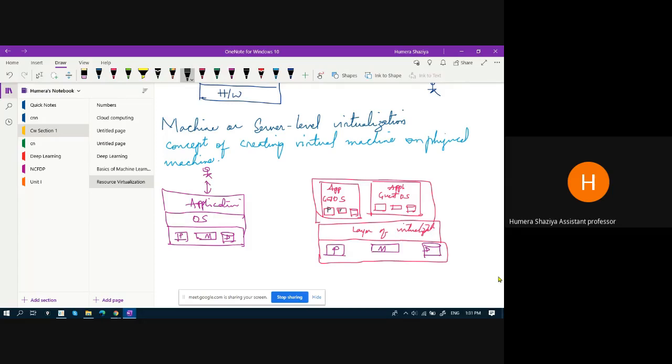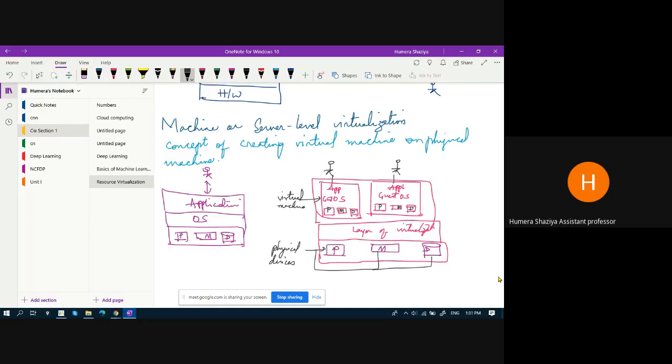But through virtualization, you are making it available to multiple users, and this is known as a virtual machine. These are actually physical devices. Multiple users can interact with this.